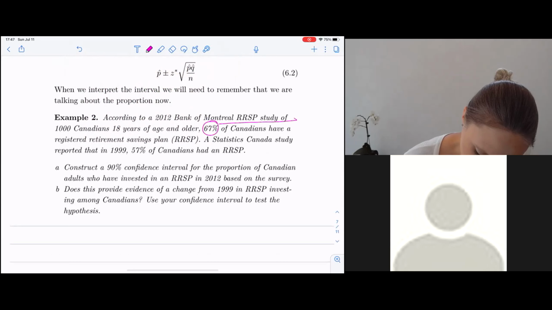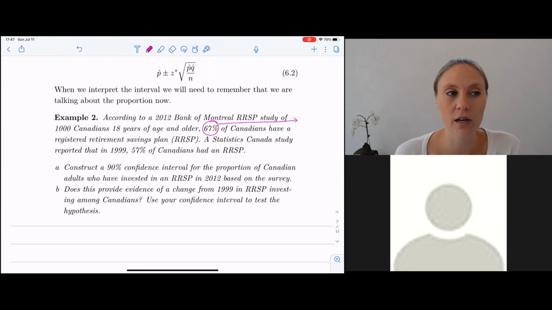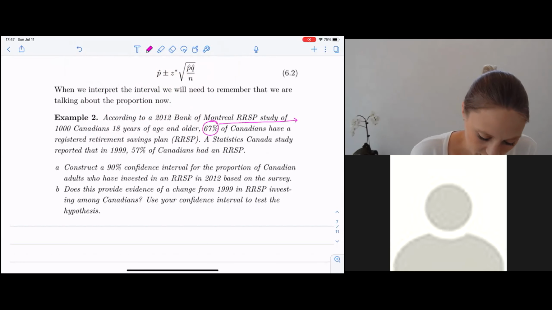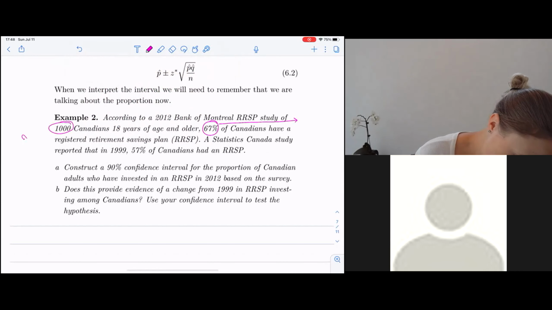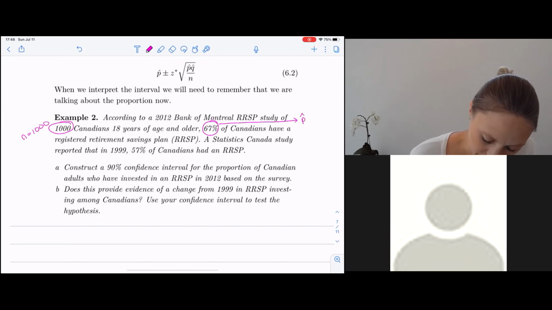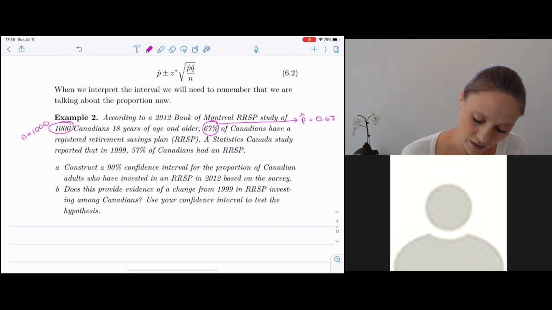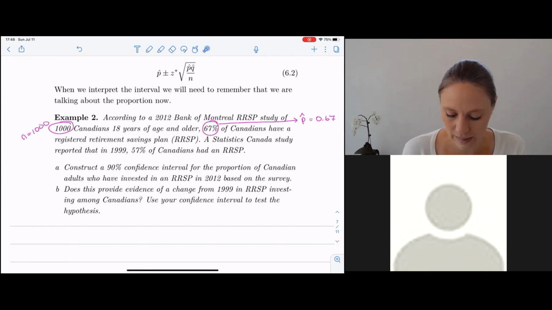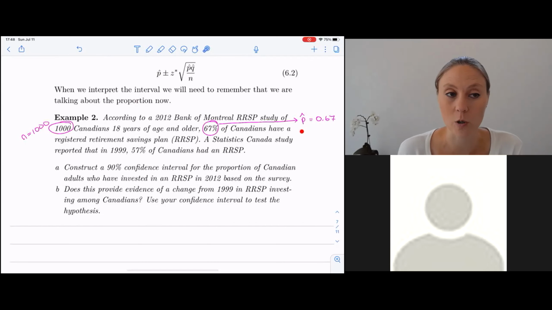This is the proportion from the study, and the study had an N of 1,000. And the sample proportion was 0.67. P is a proportion, so P hat always has to be in decimal form.